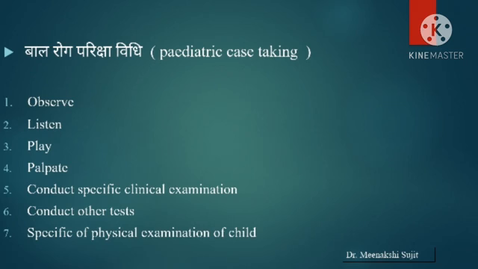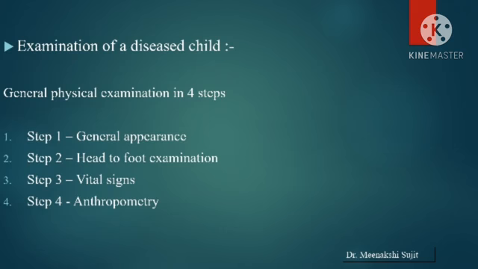If you find any discomfort or complaints in a particular part, you should go for the specific physical examination of the child. If he is having cough, you should examine the chest region, like lung examination you should go for. Like that, particular part examination, physical examination of the child you should go for.